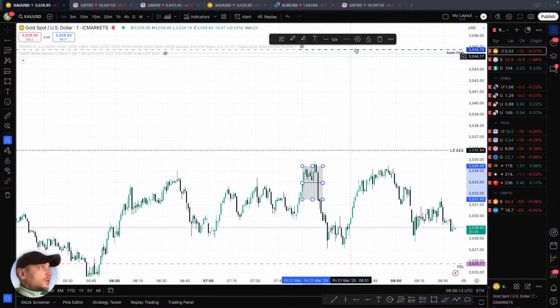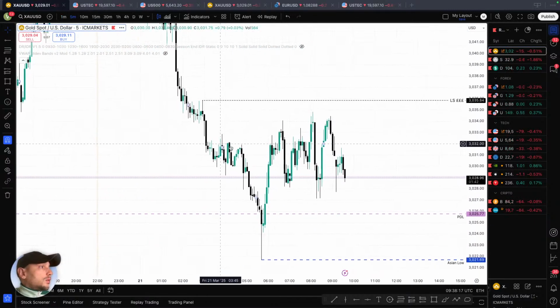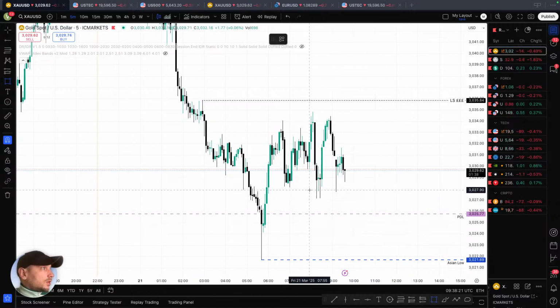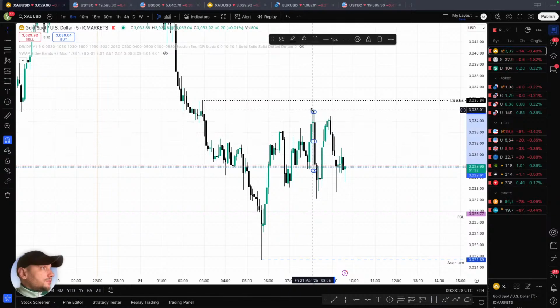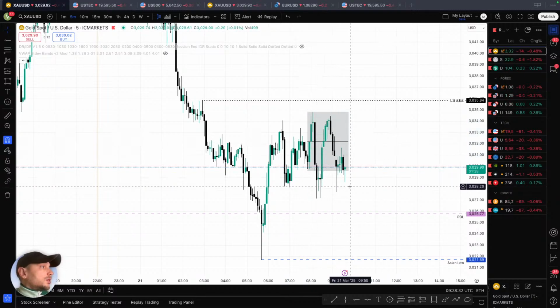Not very beautiful. After that we tried the other ORB, where we watched the first 15 minutes of the open. That means the first 3 candles. So 1, 2, 3. We mark the low and the high, and we wait for a breakout.